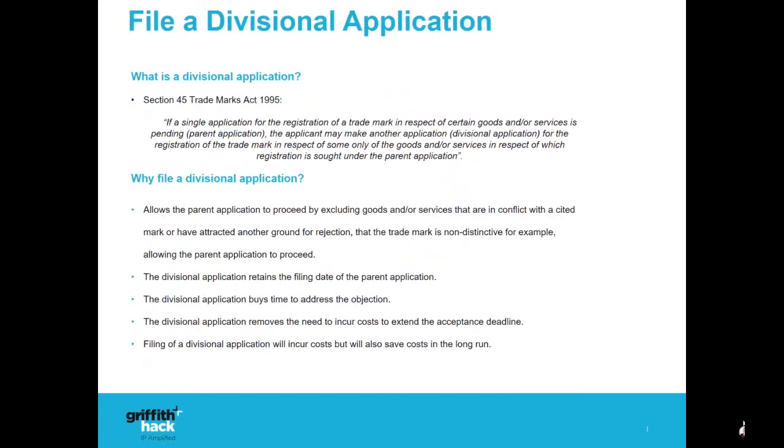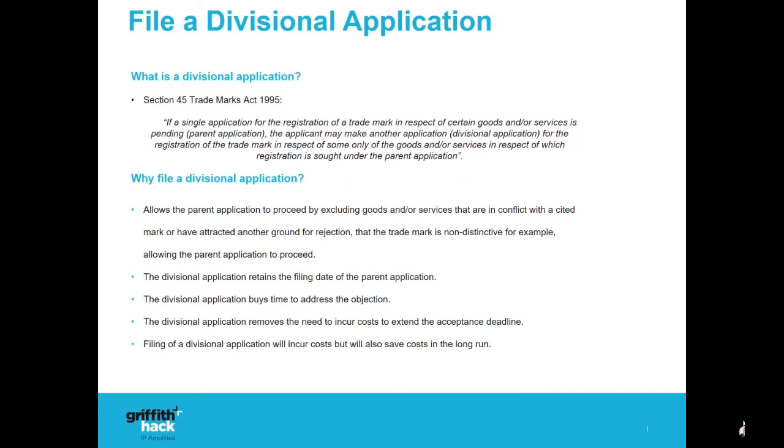So what if you don't have any grounds to justify deferring the acceptance of your application? And this would be when, for example, the only objection that's been raised to your application is that the trademark is non-distinctive. You could file what's called a divisional application. So this is an application where you divide out the goods to which the objection relates.